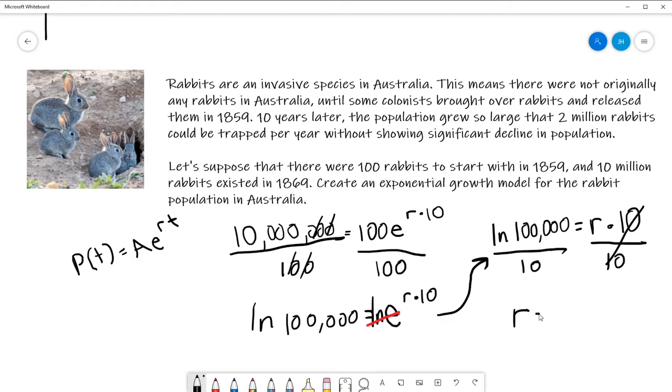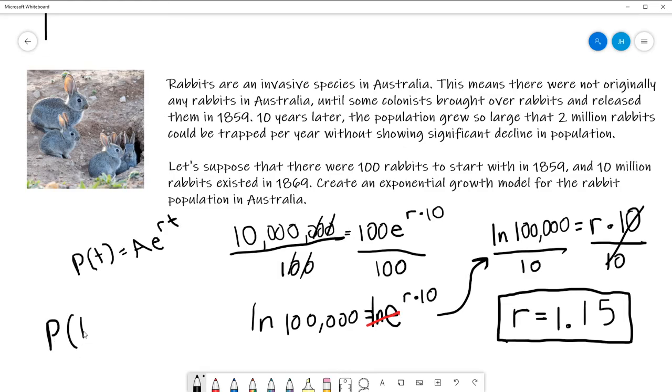Let me pull out a calculator. The natural log of 100,000 divided by 10 would be equal to 1.15, about, rounding. Cool. And so then that's our growth rate. So we can then use that to find our model, right? So our model would be P of t is equal to 100 e to the power of 1.15 t. Let's box that.